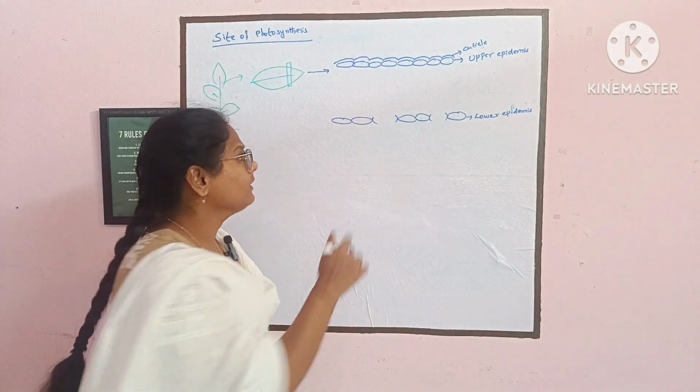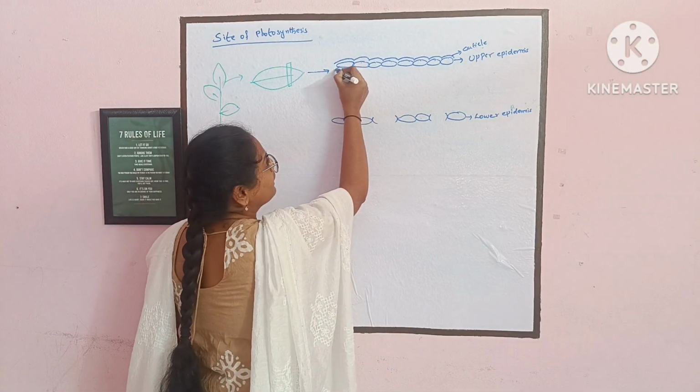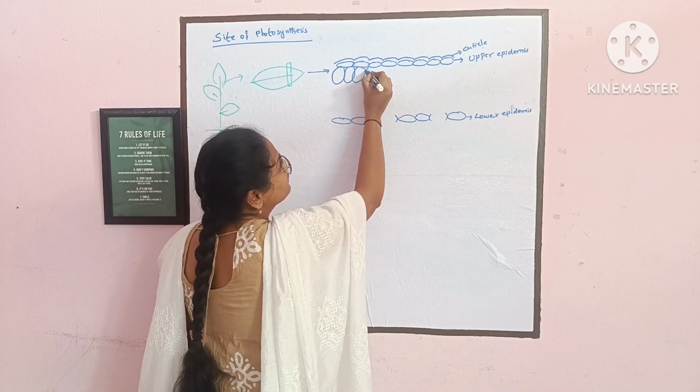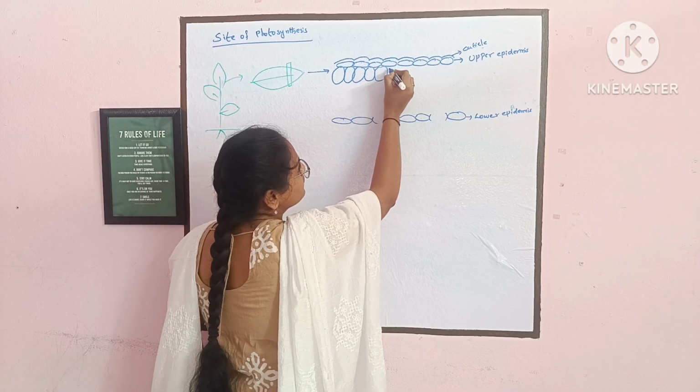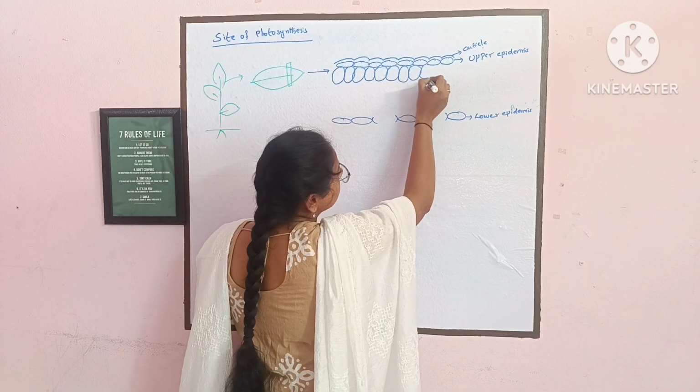Now beneath the upper epidermis, there are compactly arranged cells known as palisade parenchymatous cells.